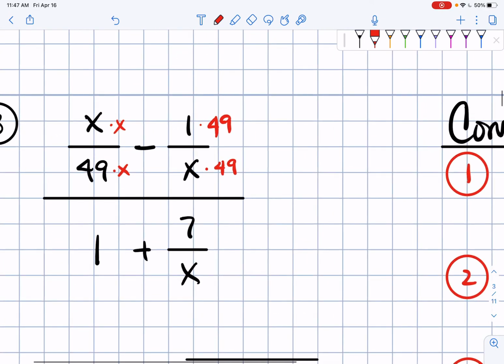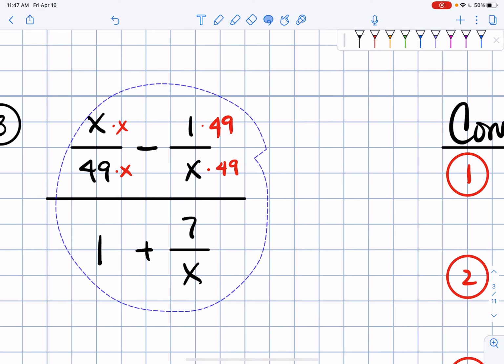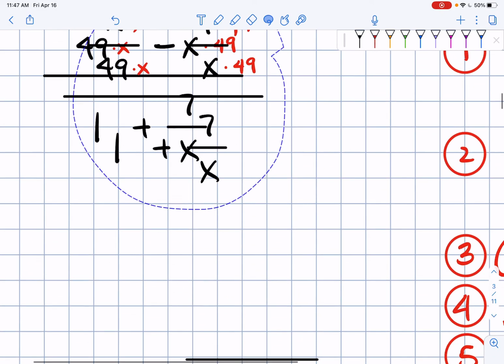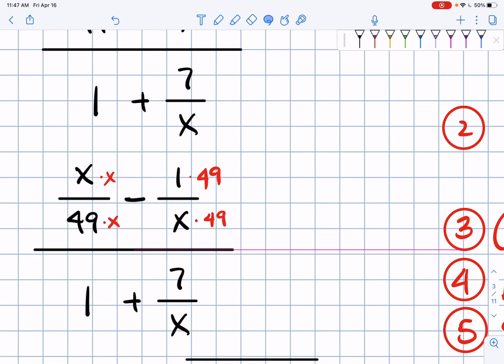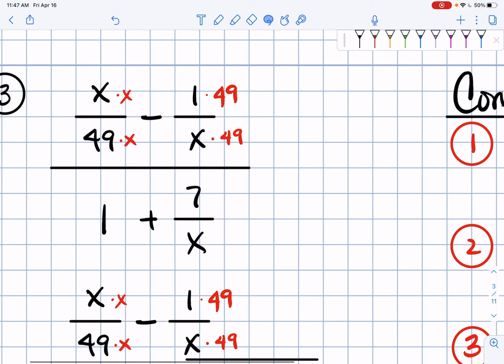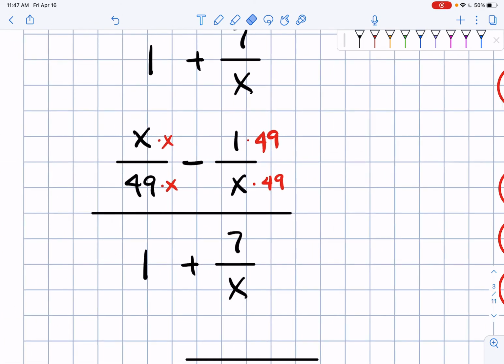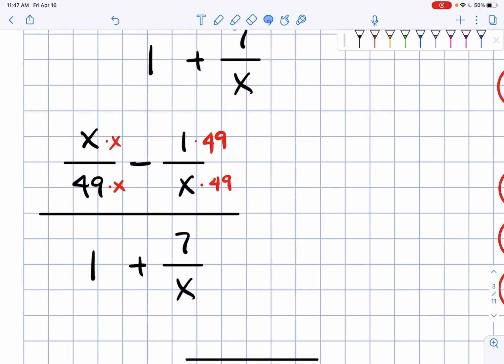Actually, let's do this here, just so you can see the original here. Okay, so what's the top going to show me? Actually, I'm going to bring it all the way over here.